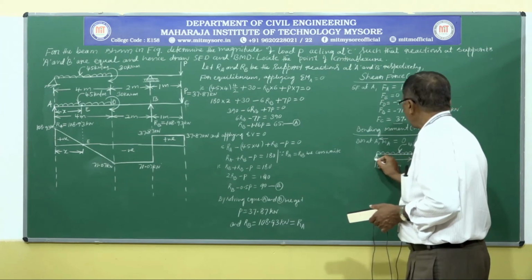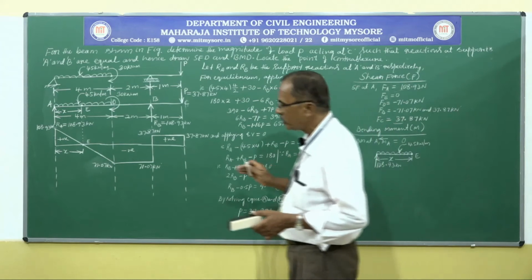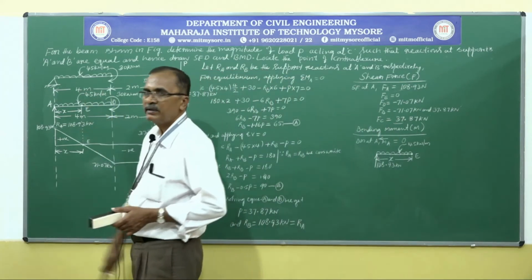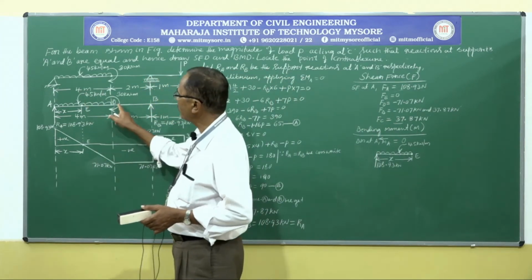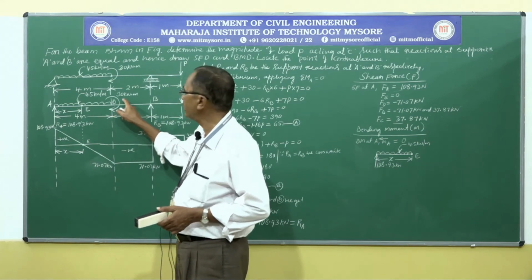There should not be any confusion that I am taking the portion of the beam to the left of E. You should not be confused about why we are not taking this moment.